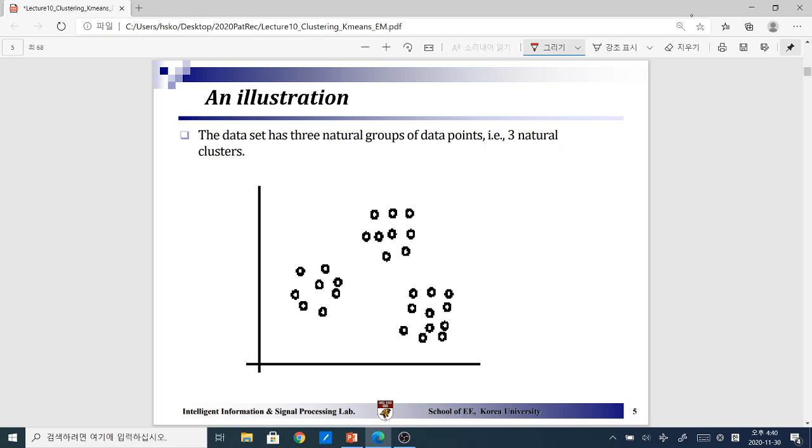As an illustration, in this two-dimensional plot of samples, they're all unlabeled. There's no label associated with each of these samples. But with a visual inspection, we can see that there are three very natural clusters, because in this cluster, for example, the samples that belong to the cluster are situated very close to each other.